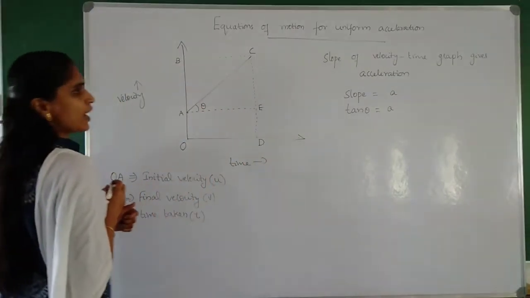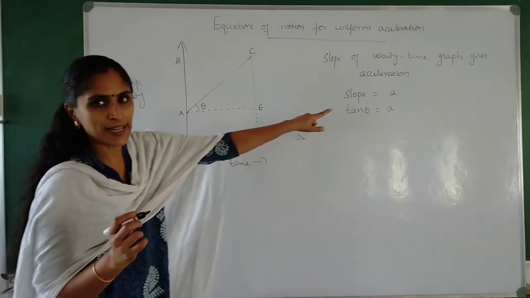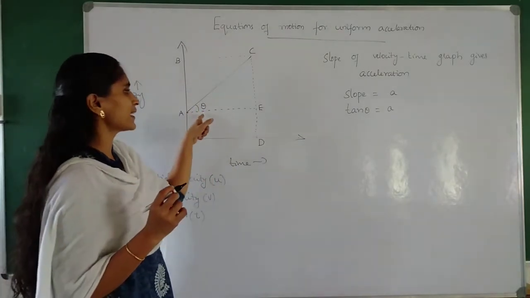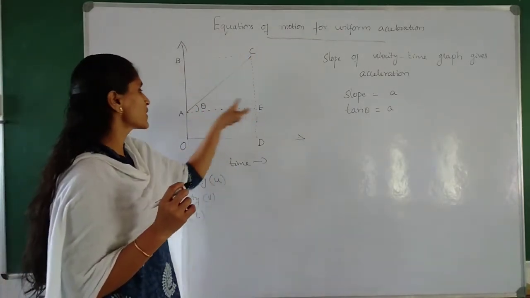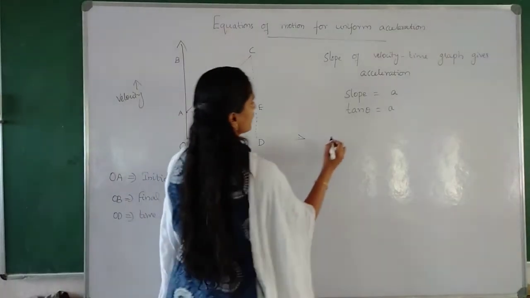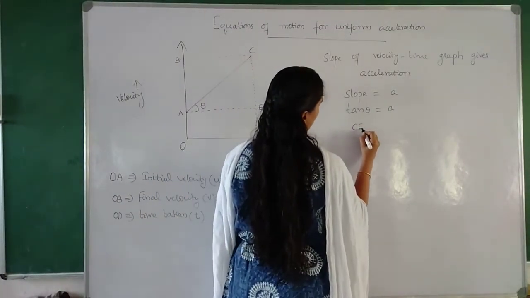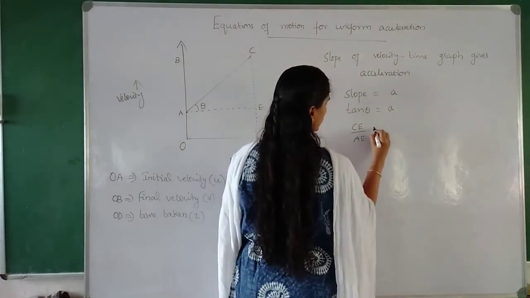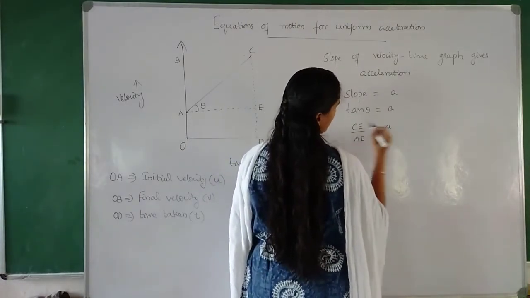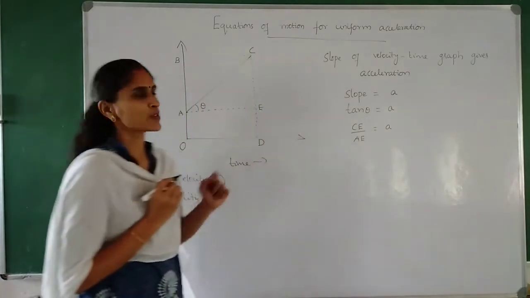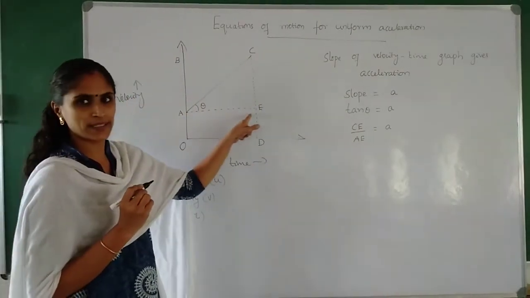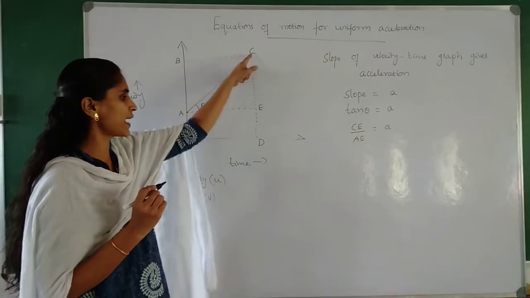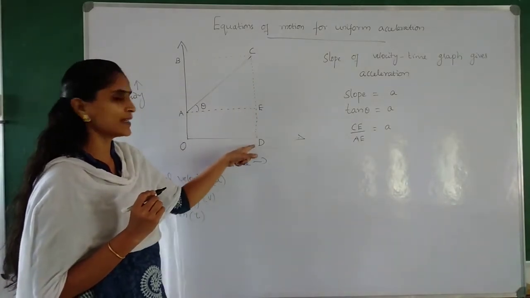So we can write tan theta is equal to a, and how to find tan theta? Tan theta is equal to opposite side by adjacent side. So we can write CE divided by AE is equal to acceleration. Opposite side divided by adjacent side. And CE can be written as CD minus ED.